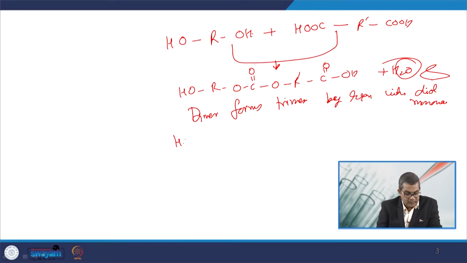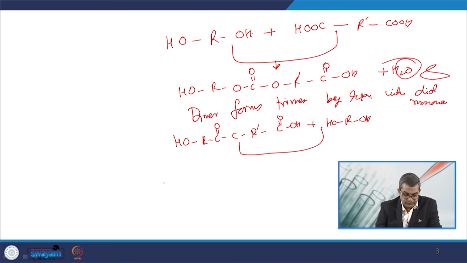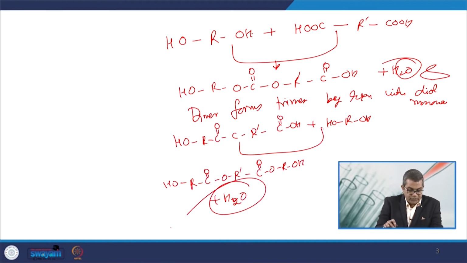So in that case, this may give you the trimer plus H2O. This is again the condensation product.